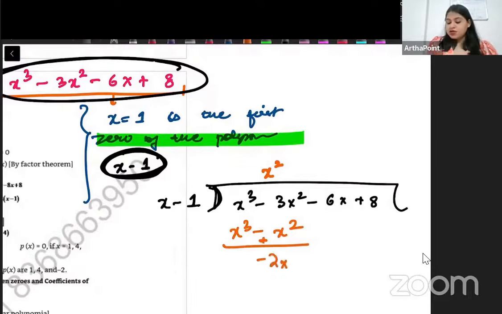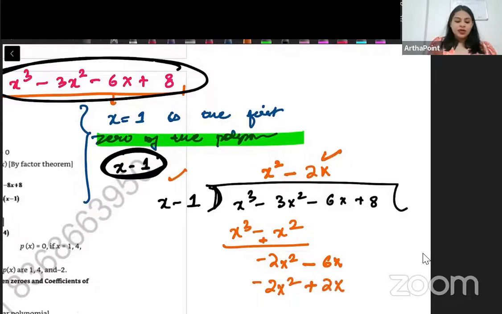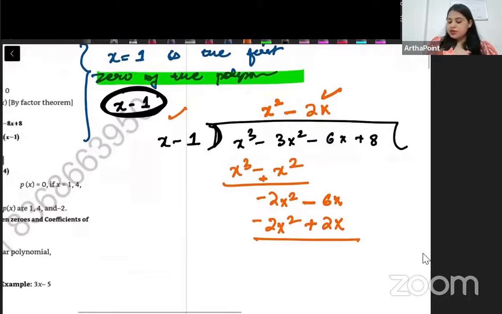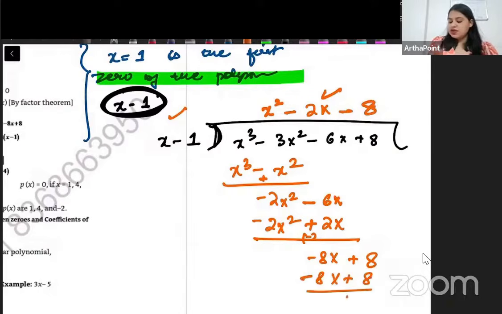So this will be minus 2x square minus 6x. Then beta, this will be minus 2x. So this will be minus 2x into x, minus 2x square plus 2x, right? And then beta, this will be minus 8x plus 8. So this will be minus 8x plus 8, 0.